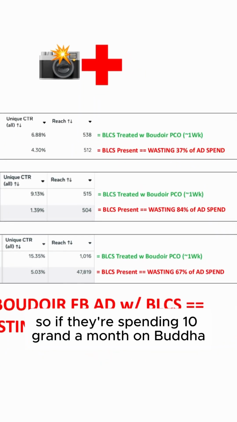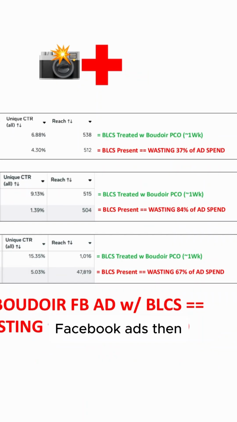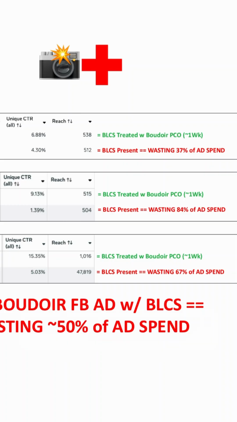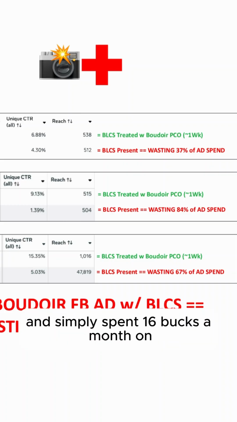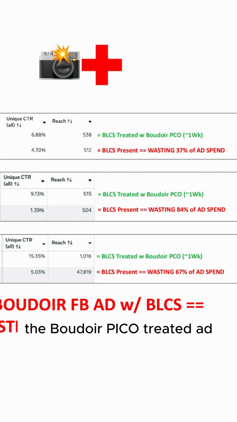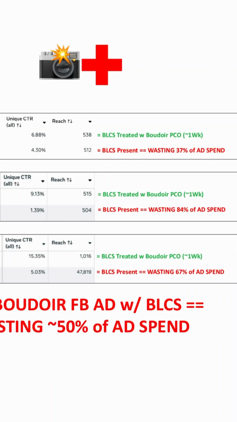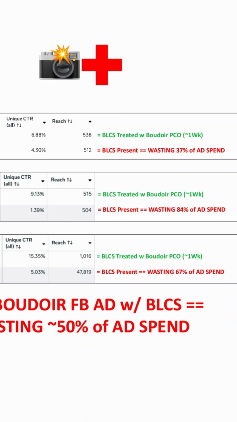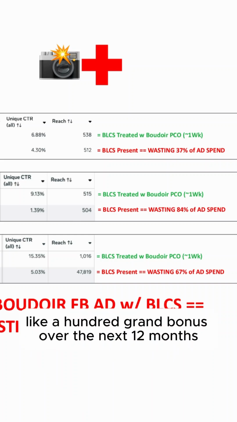So if they're spending 10 grand a month on Boudoir Facebook ads, then we can reduce that ad spend by 8,400 bucks a month and simply spend 1,600 bucks a month on the Boudoir Pico treated ad. And so they can pocket that 8,400 bucks a month. It's ad spend not used, literally like a 100 grand bonus over the next 12 months.